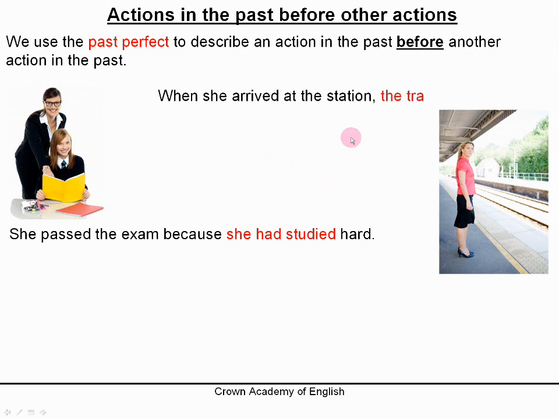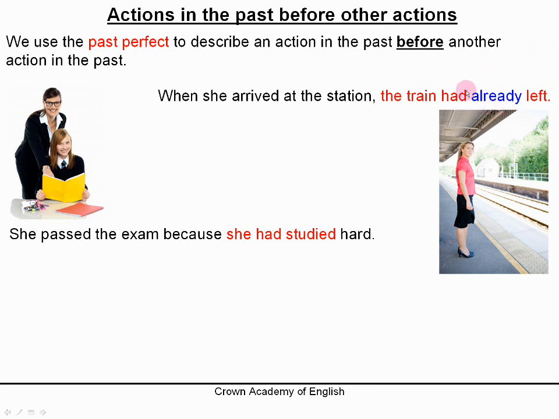When she arrived at the station, the train had already left. Okay, so in red we have the usual form of the past perfect, and in blue this is an adverb, already. So it is important to learn the position of the adverb.